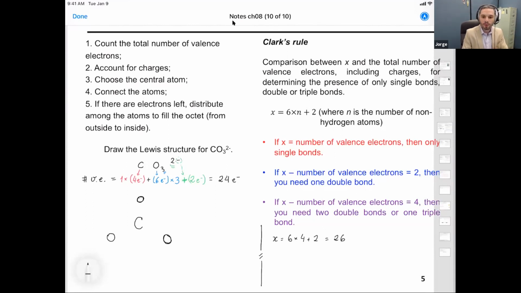And now we are going to compare X with the total number of electrons that we already calculated here, and it is 24. Obviously, in this case, X is not equal to the number of total electrons. 26 minus 24, that is equal to 2.